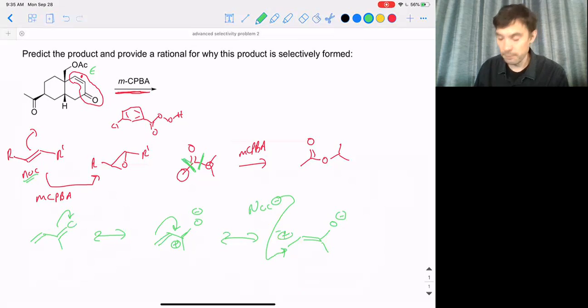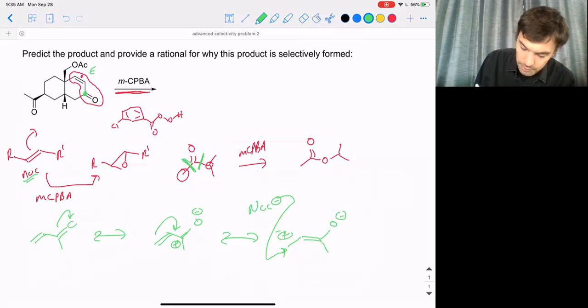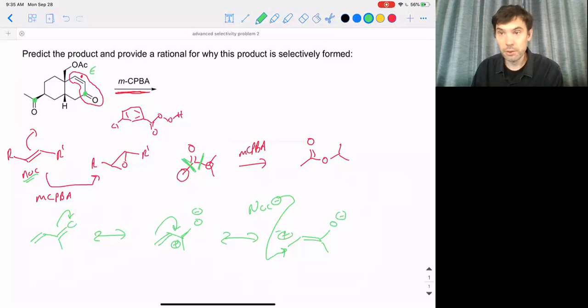So again, migratory aptitude. Now, in this particular molecule that we're referring to up top here, we have a conundrum because not only do we have that alkene that we already discussed might be a poor reaction, but we have two different ketones to consider undergoing the Baeyer-Villiger oxidation. And so that means there's actually up to 4 different carbon-carbon bonds that could be cleaved.